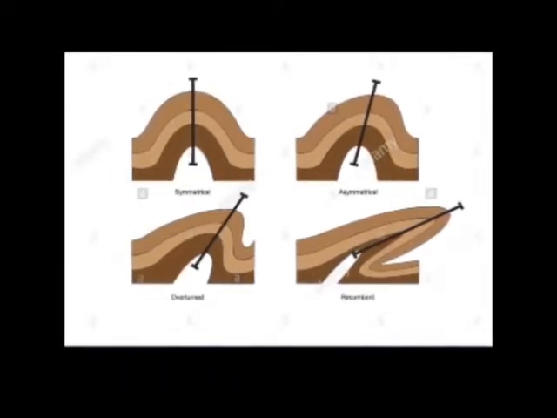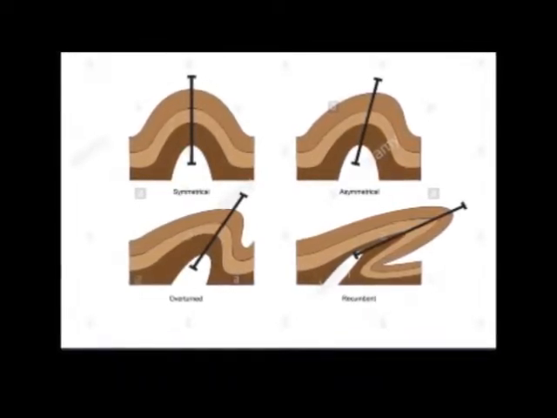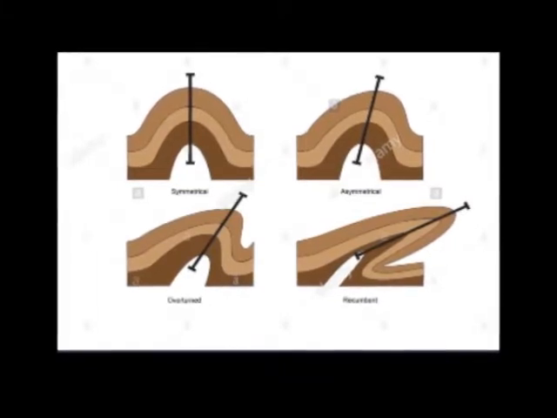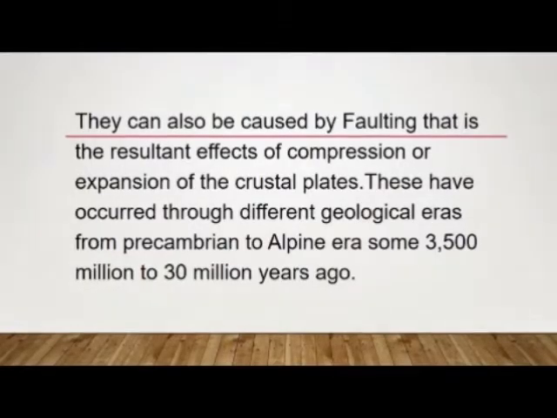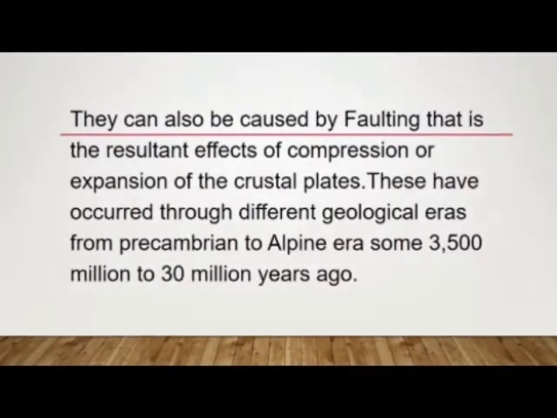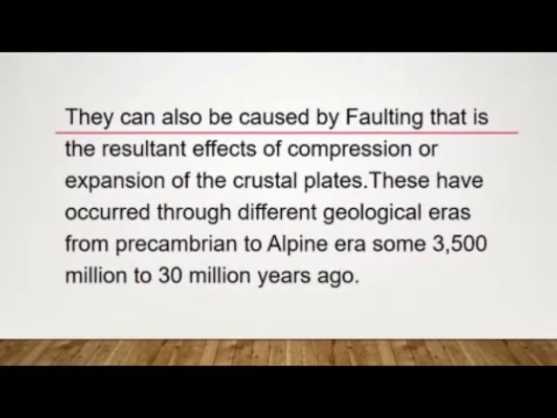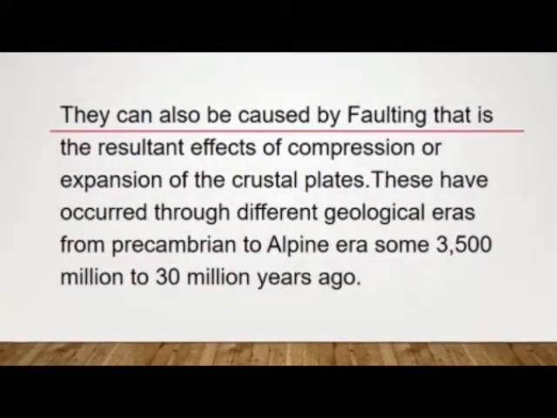Different degrees of fold tend to occur through stresses that are set up on the Earth's surface by compressional force. And we said that compressional force tends to shorten the Earth crust. Apart from folding, we also have another tectonic process that is referred to as faulting.